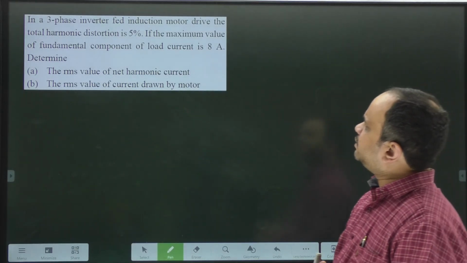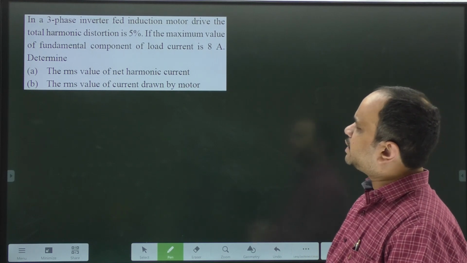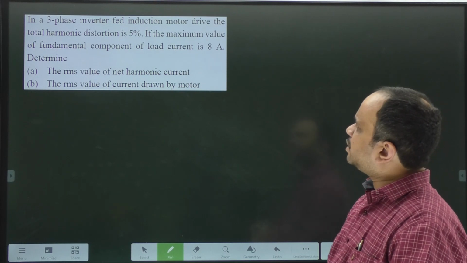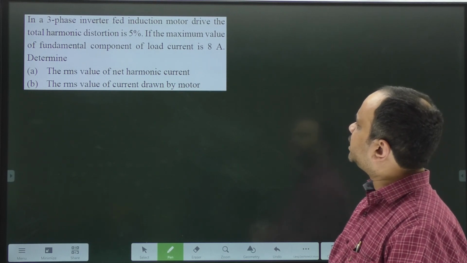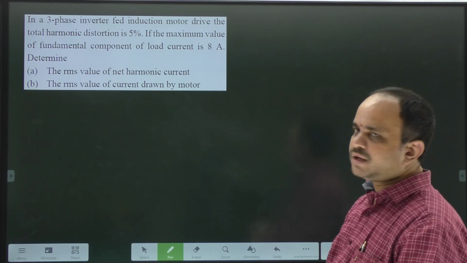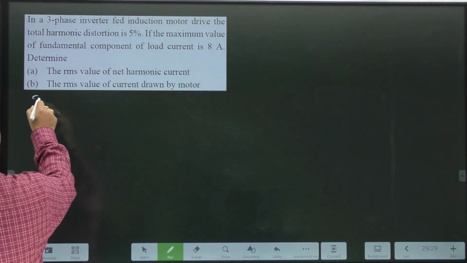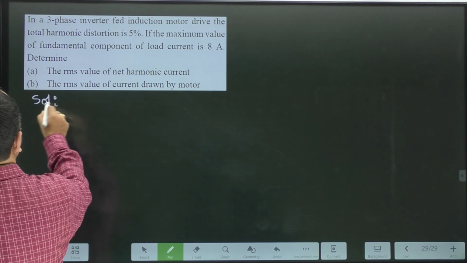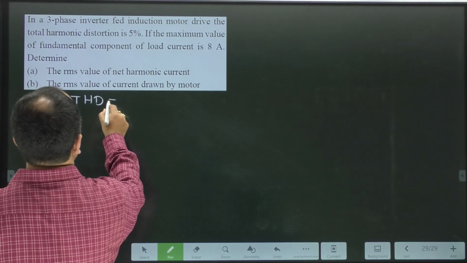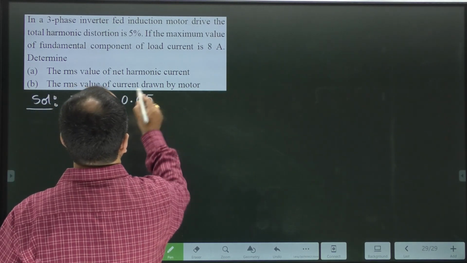In a 3-phase inverter fed induction motor drive, the total harmonic distortion is 5%. If the maximum value of the fundamental component of load current is 8 ampere, determine the RMS value of net harmonic current. So first let us look into that. What is given in this question? Total harmonic distortion is given, in other words, 0.05.